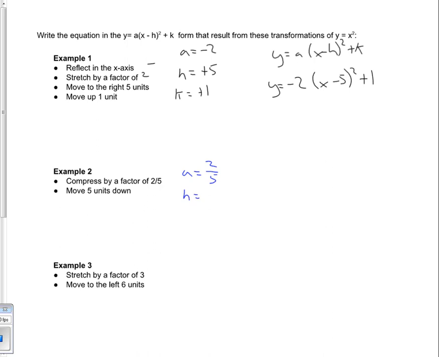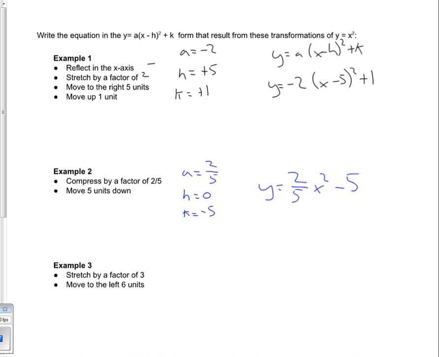It says nothing about the h value, so the h value must be 0. And if it moves down 5 units, then my k value must be negative 5. So this particular one must be 2/3 times x squared minus 5.